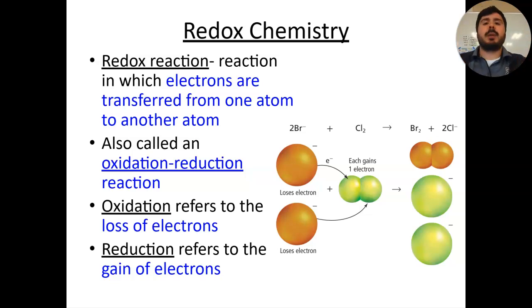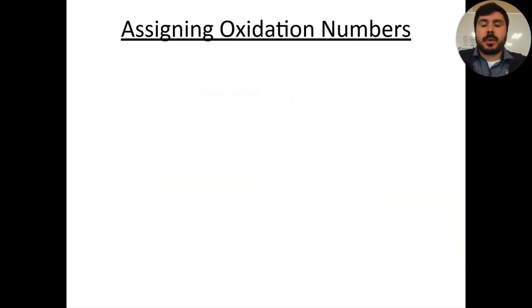If I'm reducing something, I'm losing it or lowering it, and yet somehow we're gaining electrons. It's a funky concept, but reduction refers to a reduction in the charge. If I'm gaining electrons, electrons are negatively charged. If I'm gaining a negatively charged substance, my charge overall is being reduced, going down into the negatives. That's where the word reduction comes from.